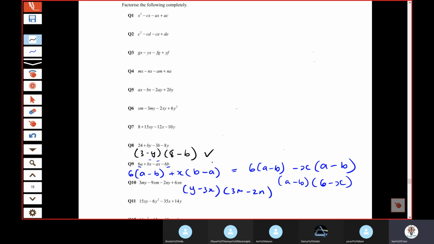This is all correct. The same thing happened where it was 3 minus y and the other one was y minus that's 3. Good work. Swapped it around. Darius, you going okay as well? Yeah.